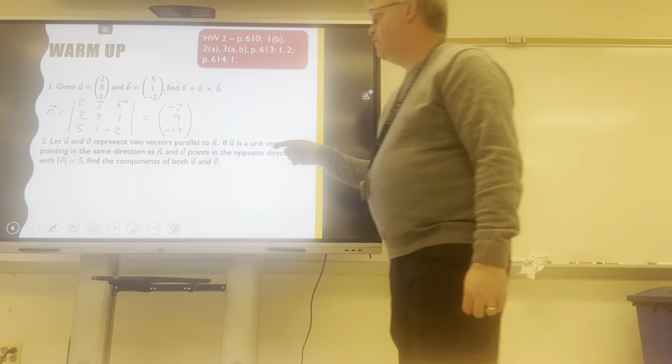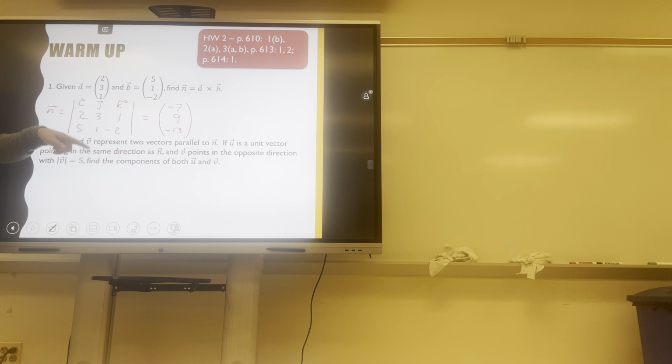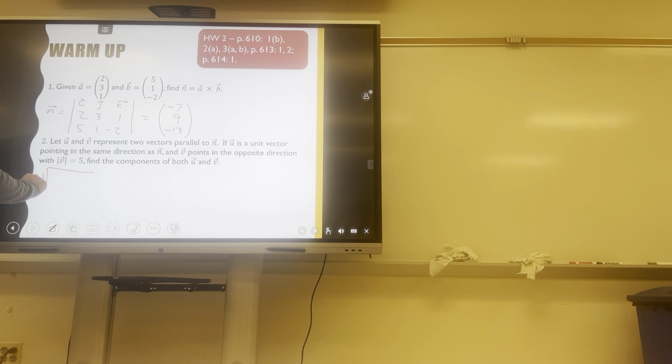Okay, let's deal with U first. What am I going to need? U is a scalar multiple. We know it's a positive scalar multiple of N. How do I figure out what's the appropriate scalar to multiply N by to end up with U? What do I need that I don't have yet? Magnitude of N. Yep. Okay, magnitude is the square root, right, of, we have to square all these.